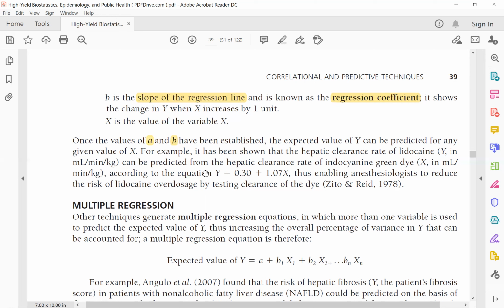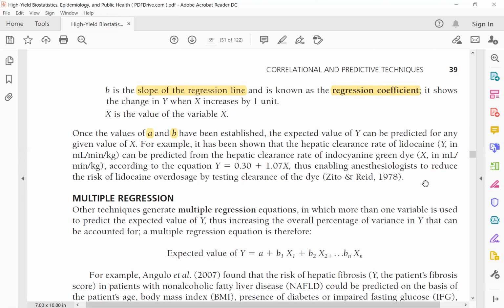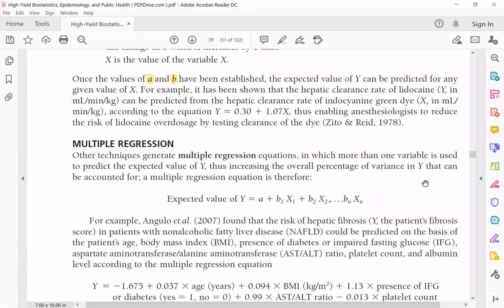According to the equation, y equals 0.30, which is our intercept, plus the slope multiplied by x, thus enabling anesthesiologists to reduce the risk of lidocaine overdosage by testing the clearance of the dye. And it was in a study in 1978.